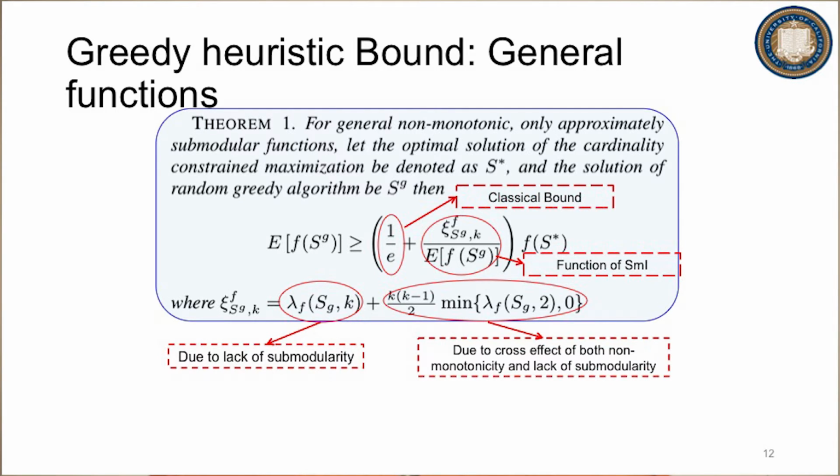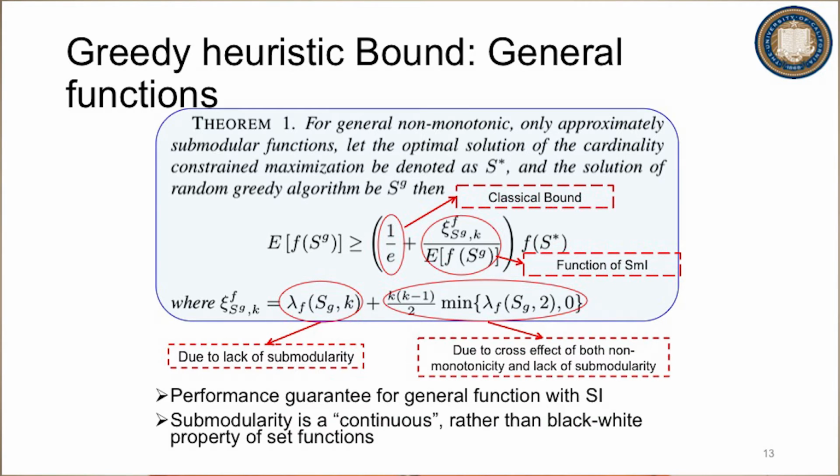The first part is the bound from the classical literature, and the second part is a function of the submodularity index we just introduced. In this way, we can apply greedy algorithms to a much broader class of set functions. It also implies that submodularity is actually a continuous property for general set functions, instead of a black and white definition.